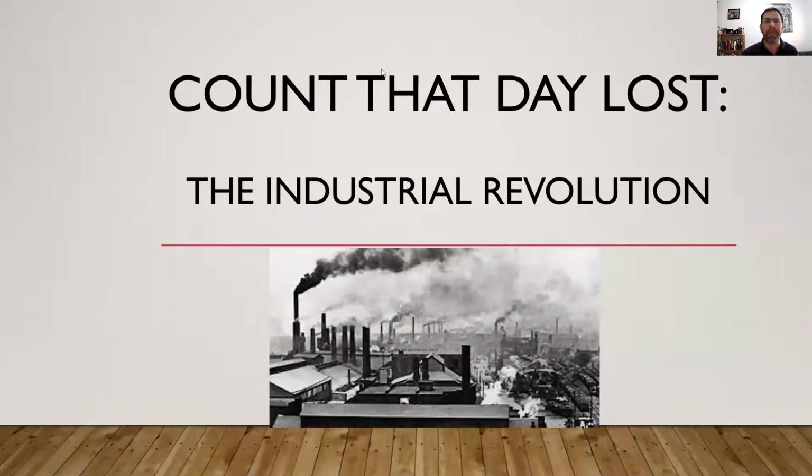So when we talk about Count That Day Lost, we really need to talk about the Industrial Revolution, and we'll talk about that in a minute, but you need to know that Count That Day Lost and the Industrial Revolution are connected together because the poem deals directly with some of the ramifications and issues of the way women and children were treated during the Industrial Revolution.